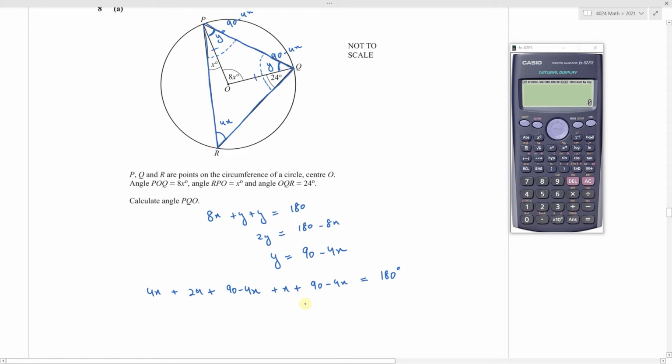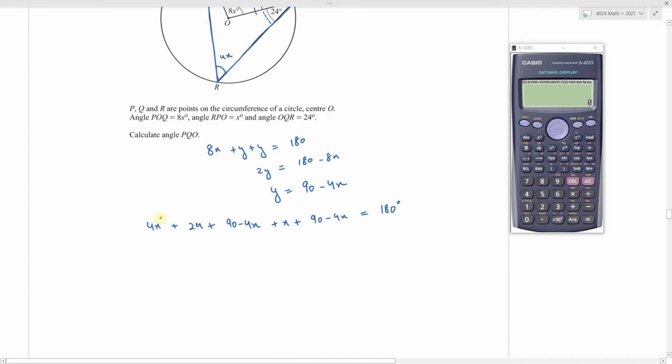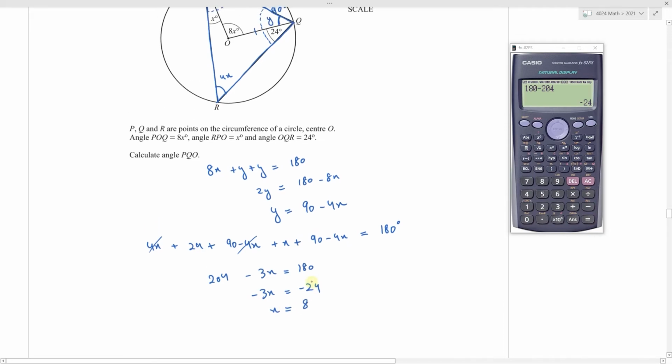So now let's solve for x here. 4x is 0, 90 plus 90, 180, 180 plus 24 is 204, plus x minus 4x is minus 3x, equals to 180. So 180 minus 204 will be minus 24, and x will be 8. So your value of x is 8.